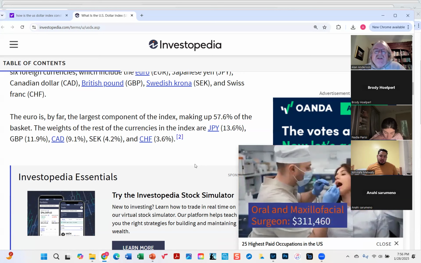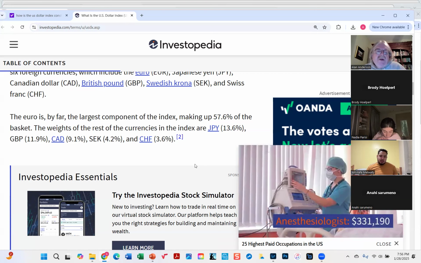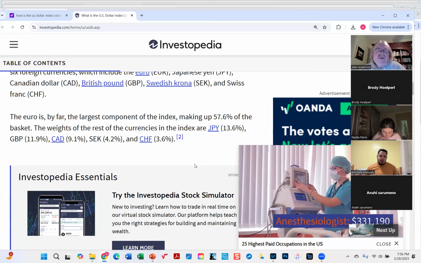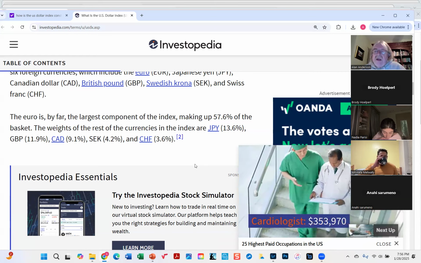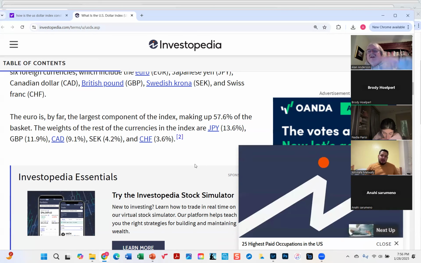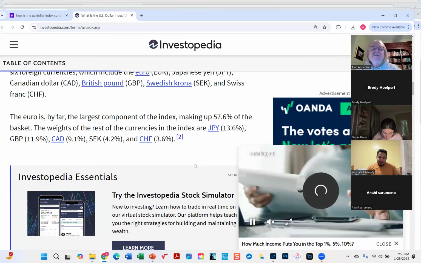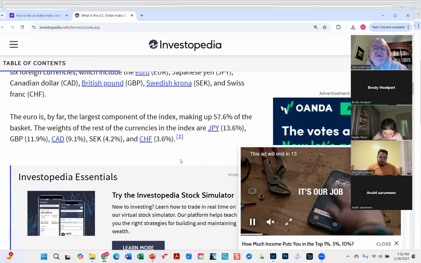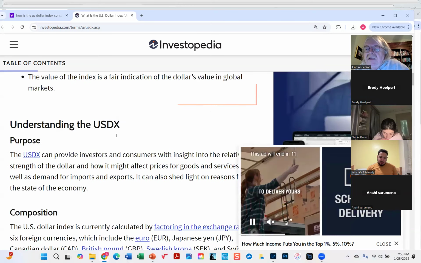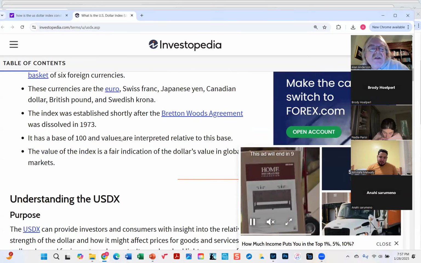The dollar euro exchange rate is more than half of the total. Then the others are the yen, 13.6, the pound, the Canadian dollar, the Swedish krona, and the Swiss franc. Those are trade-based weights. So that way, when this index moves up and down, you can see how the dollar is doing against the currencies of its major trading partners. Sometimes that can be very useful information.